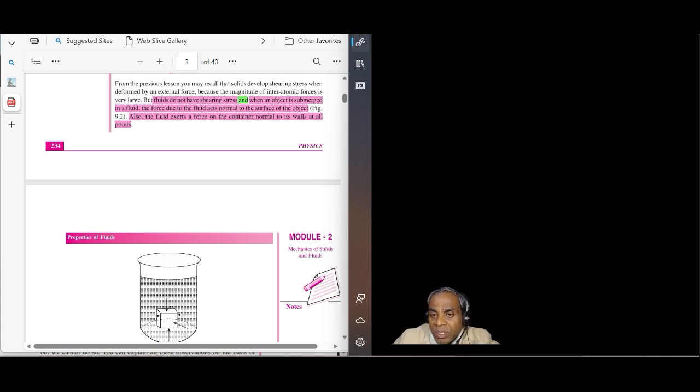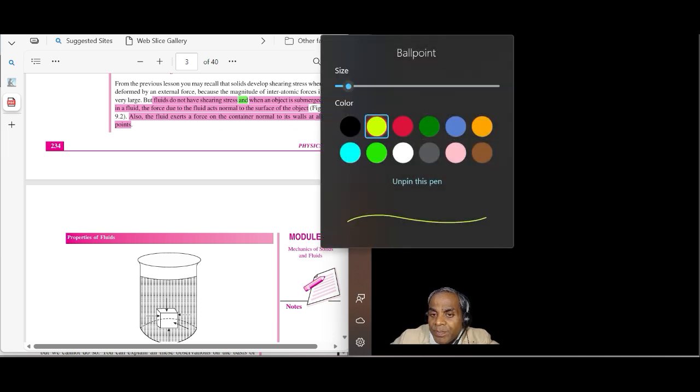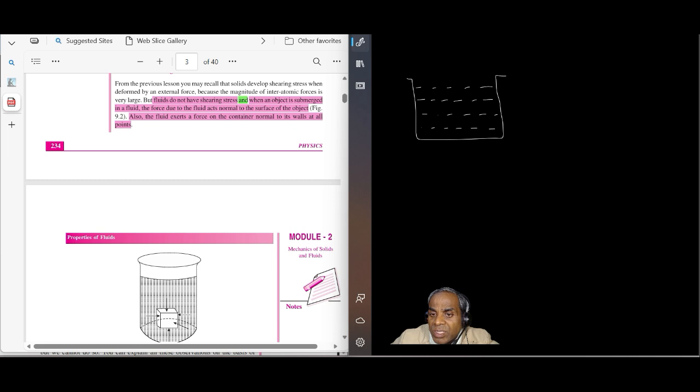And suppose, let us take a container, and let us say it is filled with a liquid such as water. Now if I submerge an object like a box or a stone inside this liquid, let us say I draw a stone here. So this is a stone.